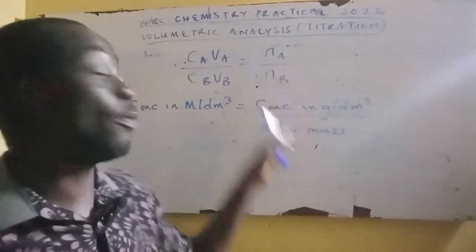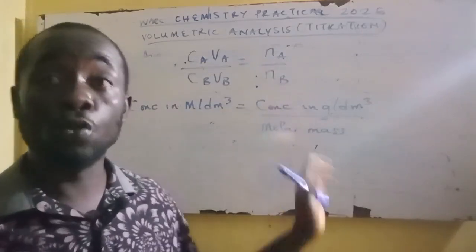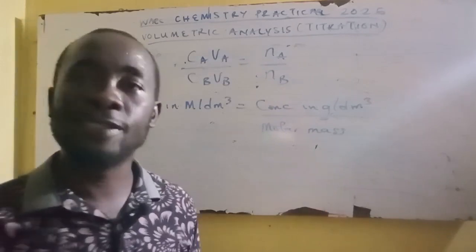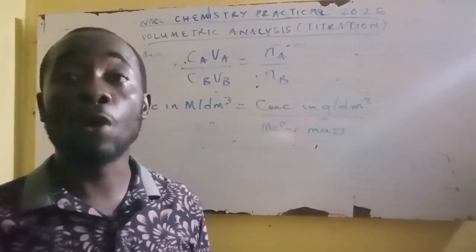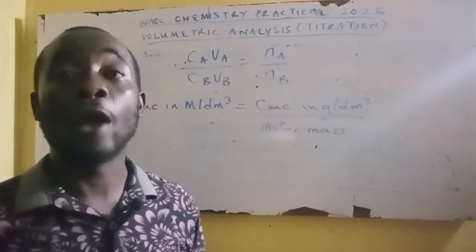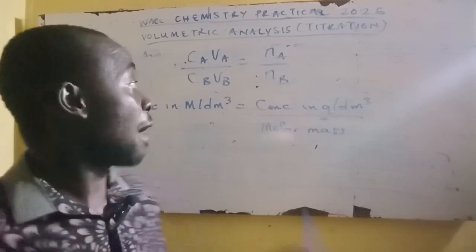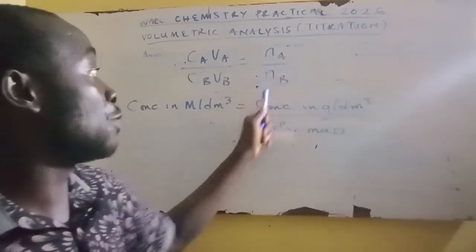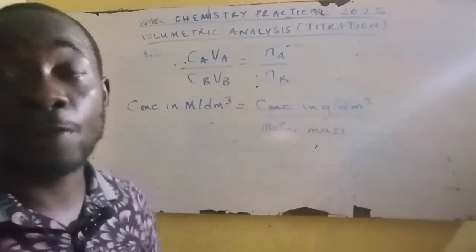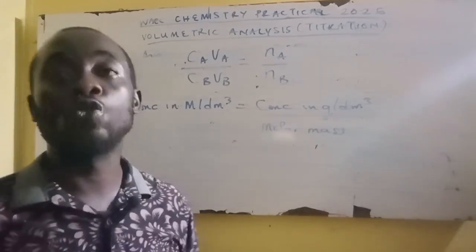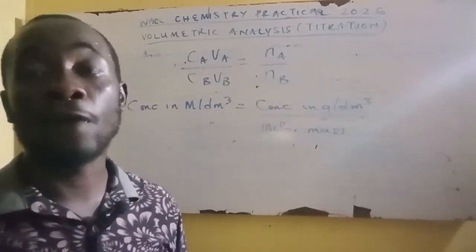So these two formulas are very important. Once you know them offhand, there is no question that they are going to bring that you are not going to solve effectively. I've told you when to use this. This concentration in grams per dm cube, they can tell you as the mass of a base.